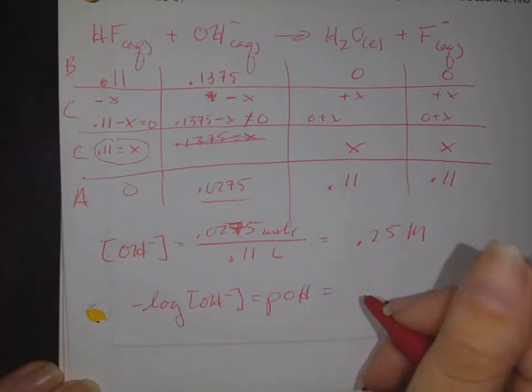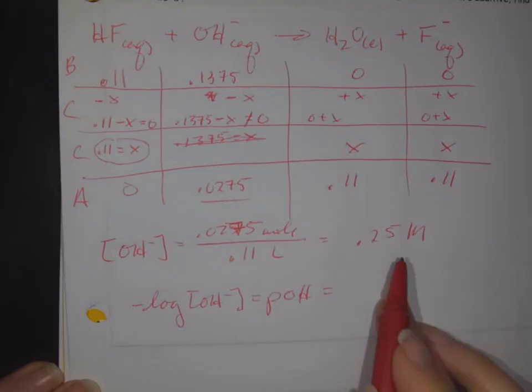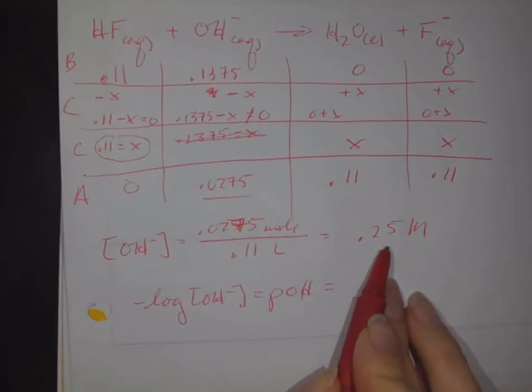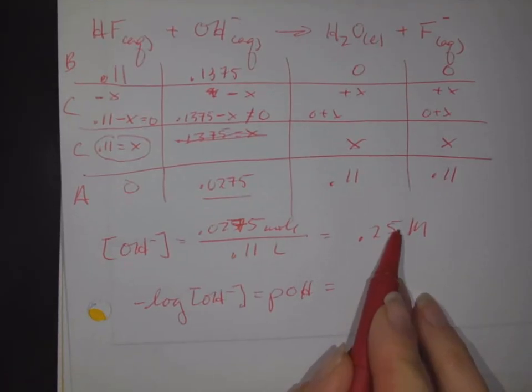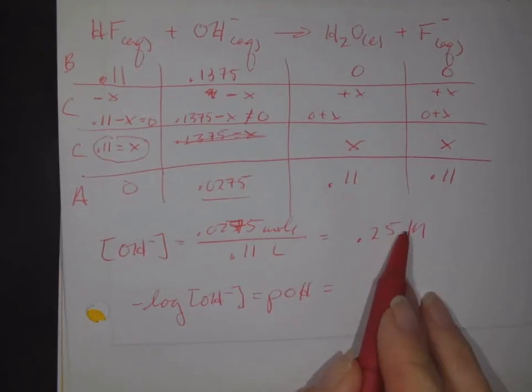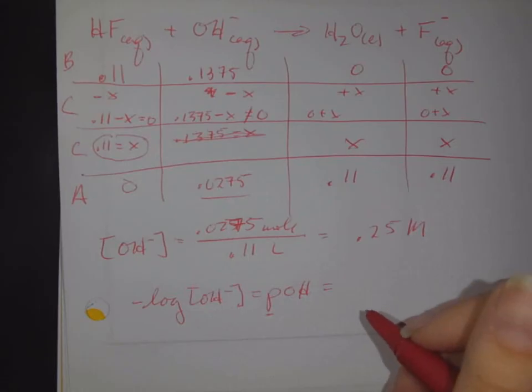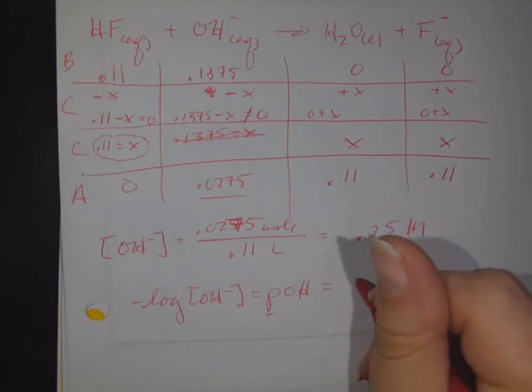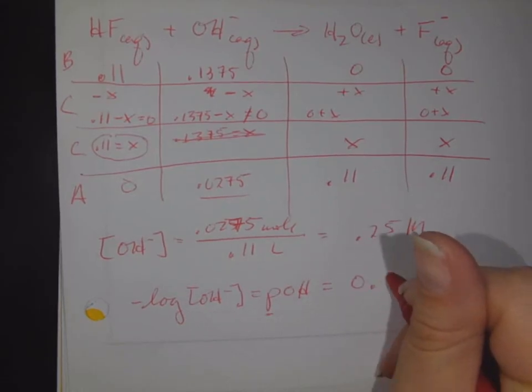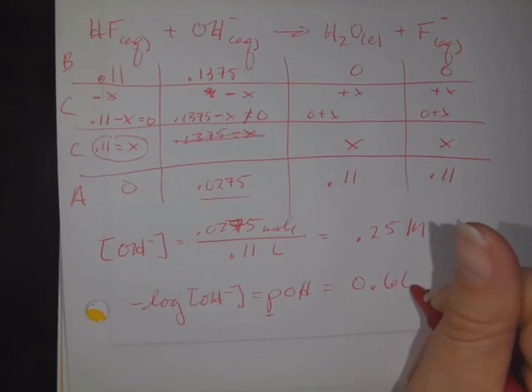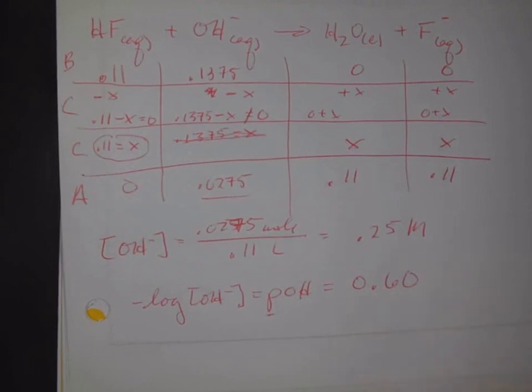Okay, now keeping track of this, this is two significant figures. And so the leading digit for a p-value is not significant. It happens to be a 0 on this one, so 0 point, and then 60. Okay, that's my pOH.